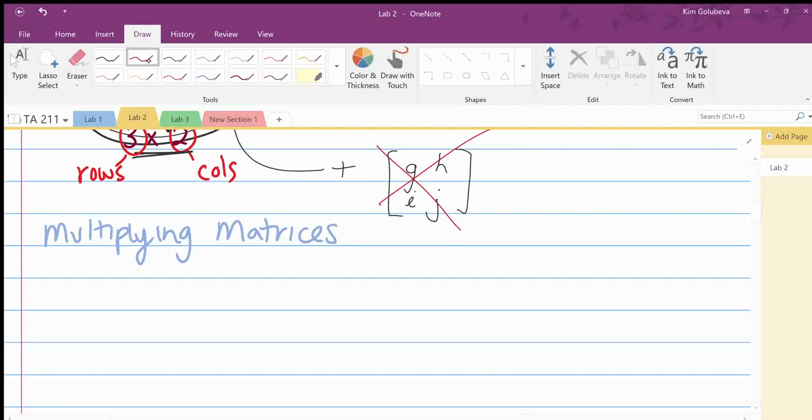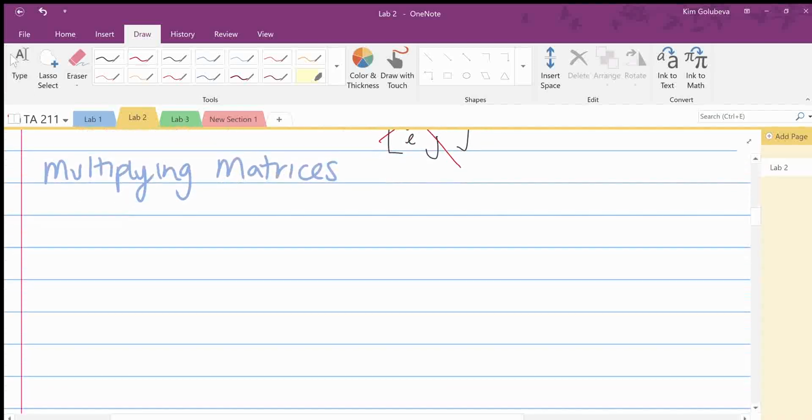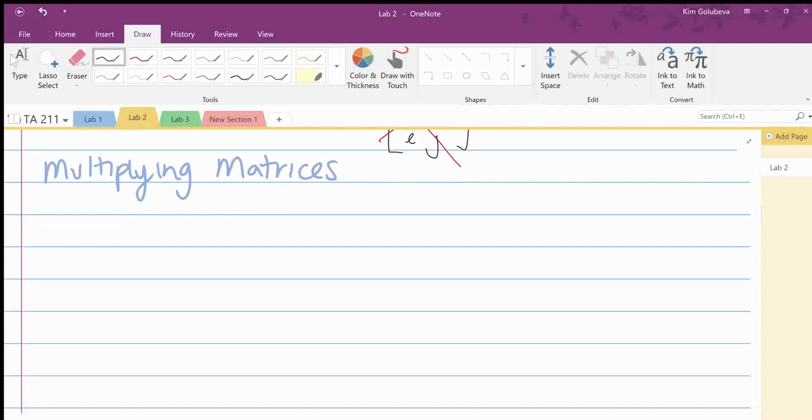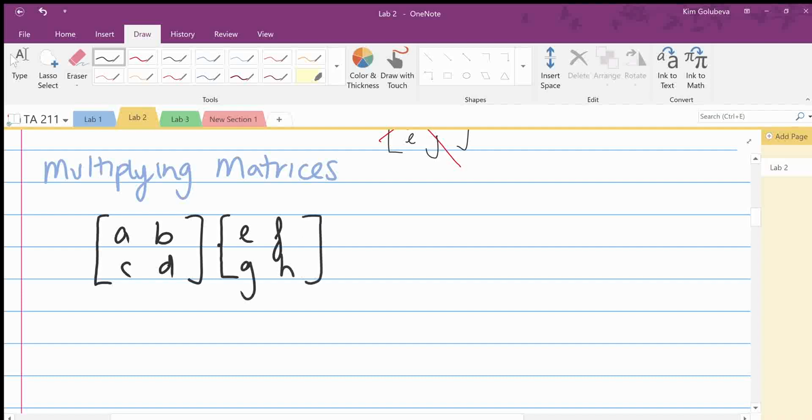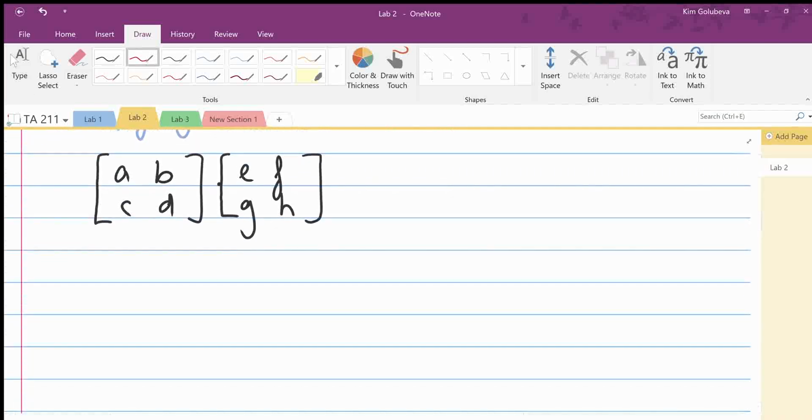Now multiplying matrices. Let's write it out like this. We'll do another example, just writing normally what we do. This one is a 2 by 2 matrix, and this one is also a 2 by 2 matrix.